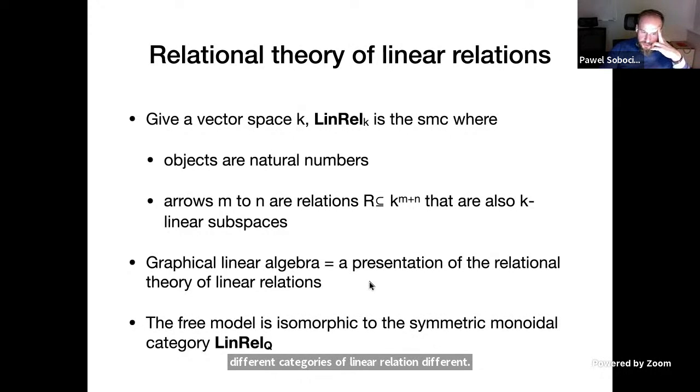And in fact, the free model is isomorphic to the symmetric monoidal category LinRel_Q. So somehow the free linear relation is linear relations over the rationals.